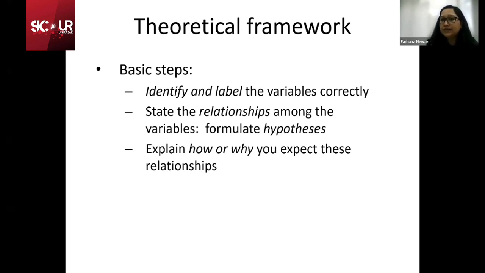Not only will you state the relationship between the variables, you also need to explain how and why you think these variables are related to each other. You need to give the explanation, and you will get it from the literature review.